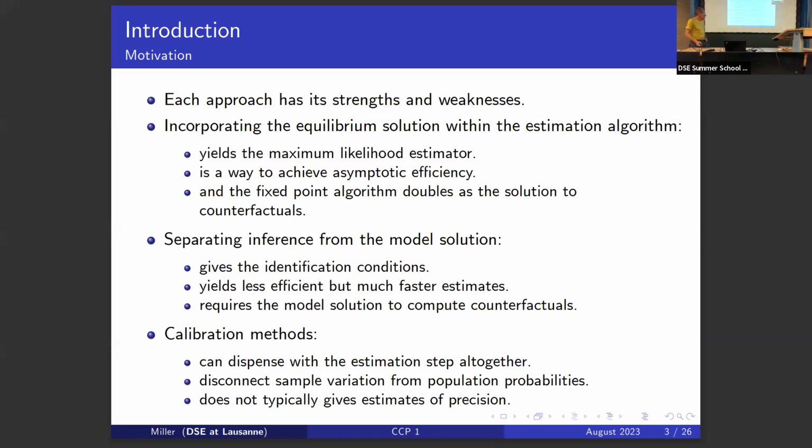So, moving on to this second method that I want to discuss today: if you separate the solution of the model from the inference questions, you naturally land on what's identified. Imagine your model produces an equilibrium.